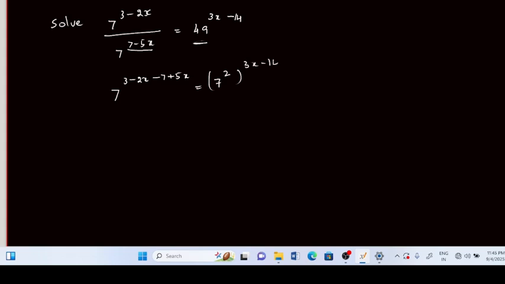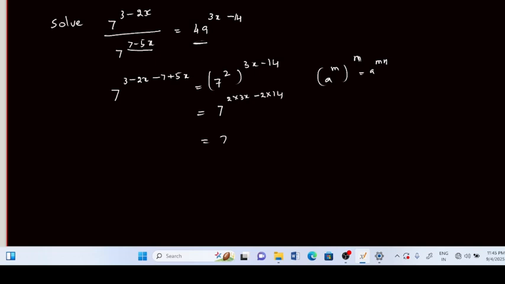So we have the law a power m whole power n can be written as a power m into n. Using this, we can write it as 7 power 2 into 3x minus 2 into 14.